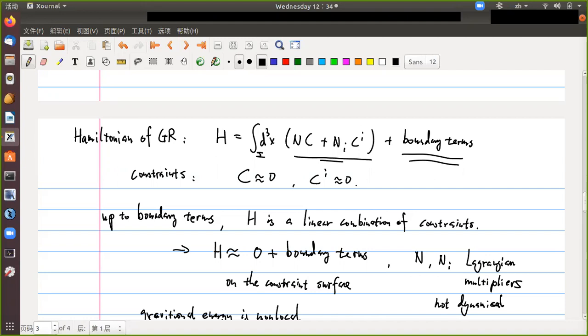For example, for a particle, something gauge invariant, something independent of the coordinates, is the four-momentum. The Hamiltonian or the energy is just the zeroth component, the time component, of the four-momentum, right? And so it definitely depends on the choice of time.